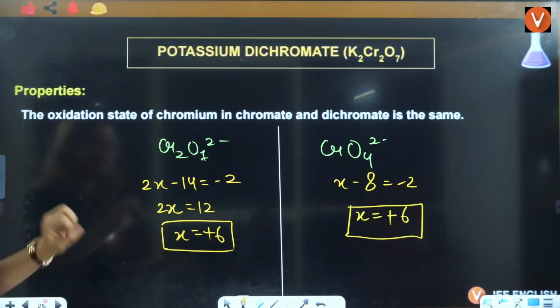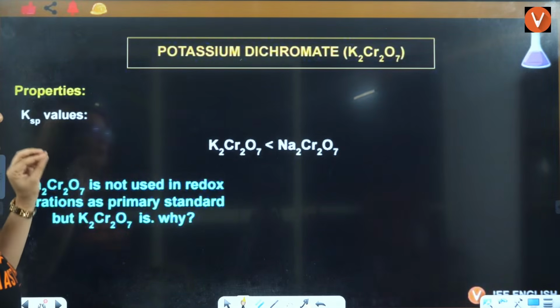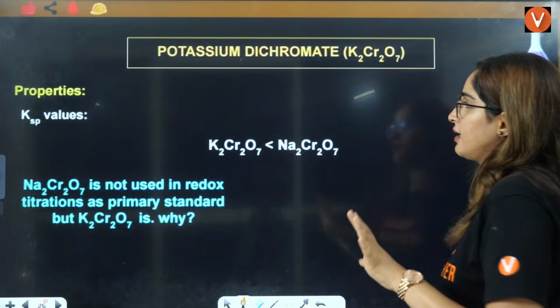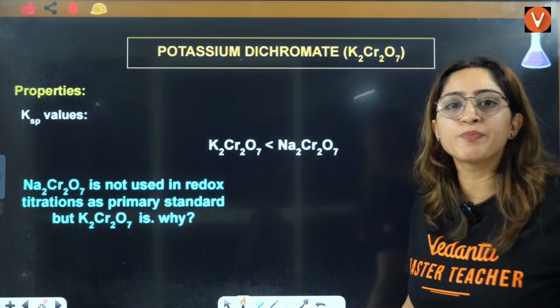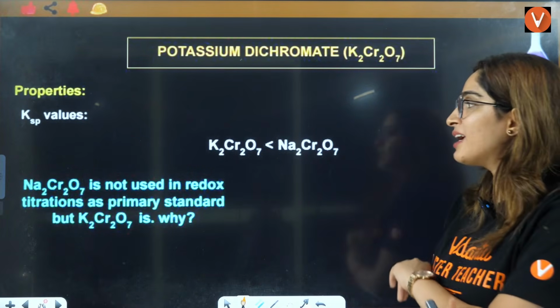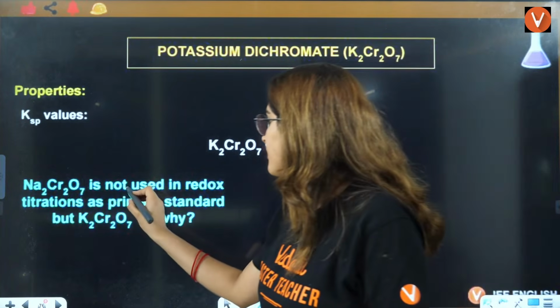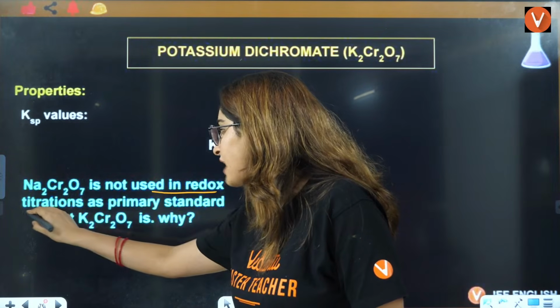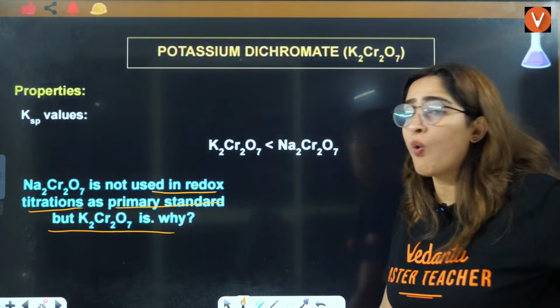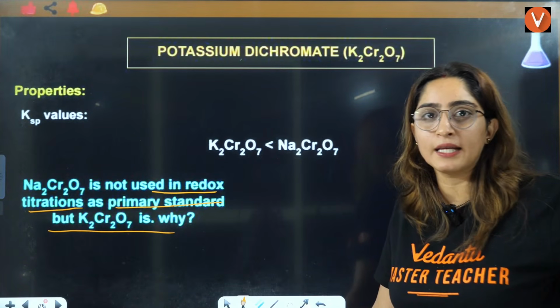Okay, now let's discuss a very important question. You have Ksp values, solubility product values. Na₂Cr₂O₇ is not used in redox titrations as a primary standard, but K₂Cr₂O₇ is used, right?